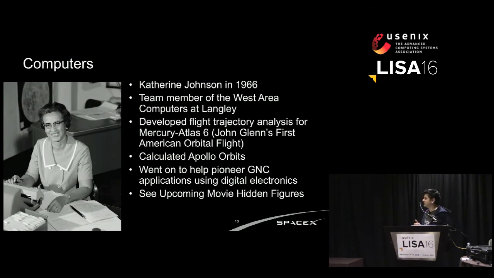So let's take a step way back and talk about computers, because I like to start this talk that way. If you look at computers in aerospace, computers used to be people. They used to be brilliant mathematicians who were also very accurate and very fast. They tended to be women over time.